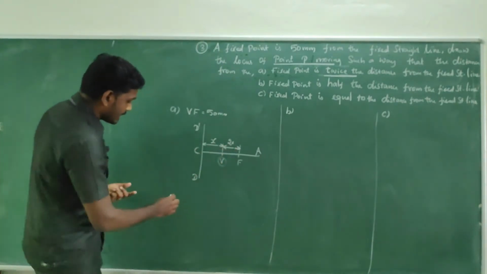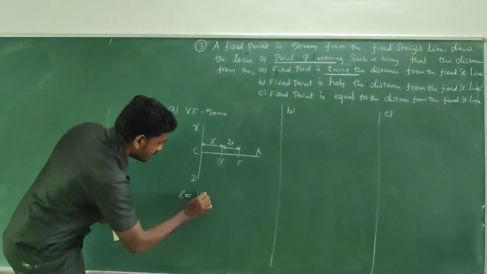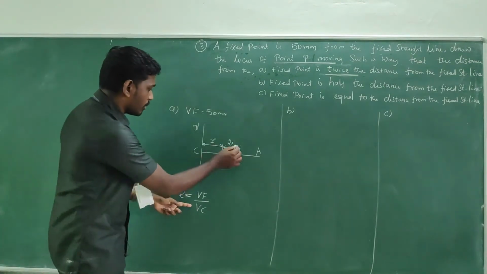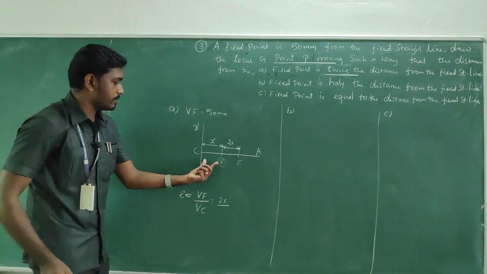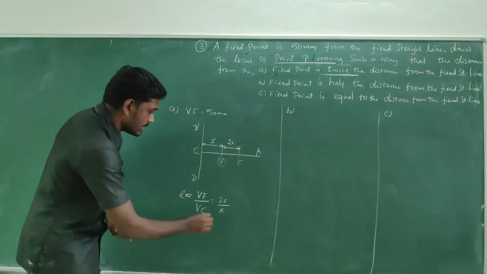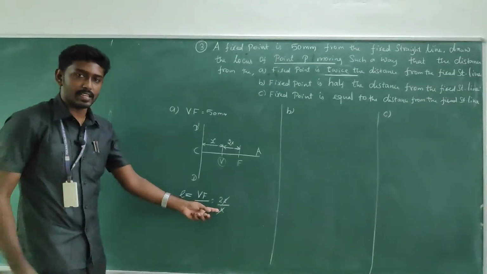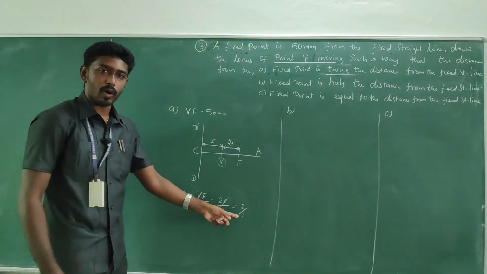So from this we can take the ratio E. We know the formula VF divided by VC, right? What about the VF? 2x. And what about the VC? x. So this x and x get cancelled and it will be 2 by 1.